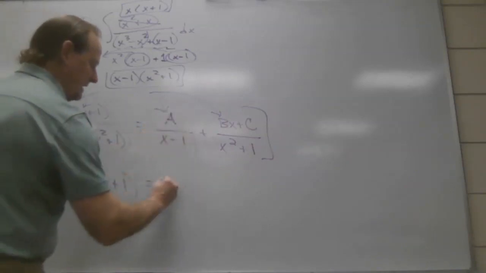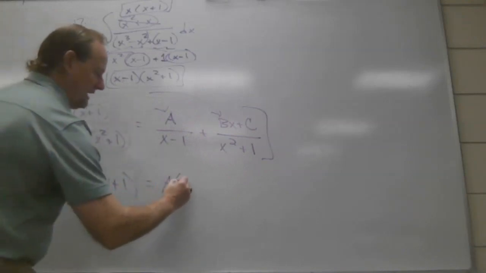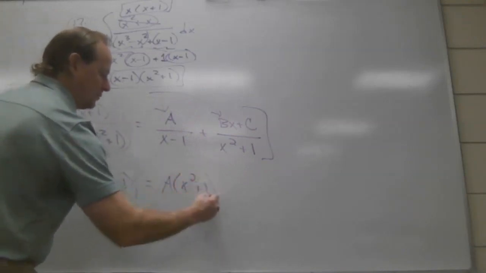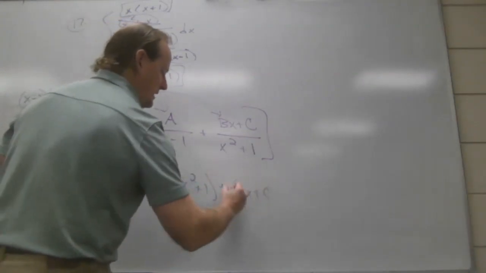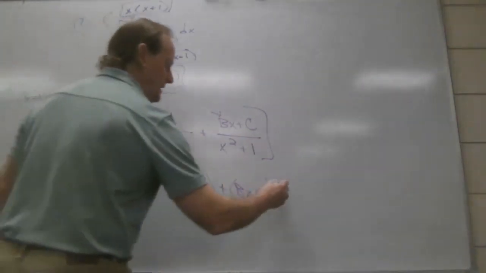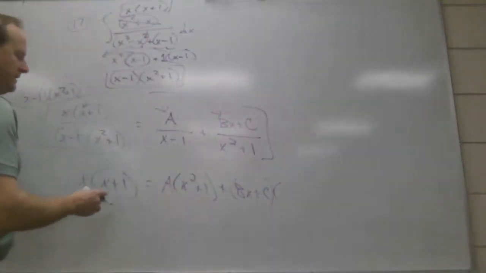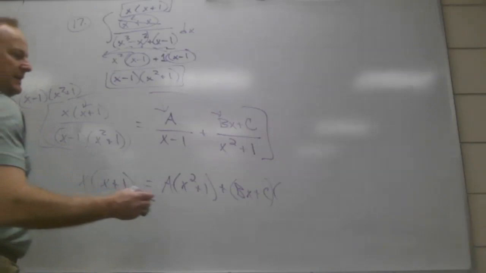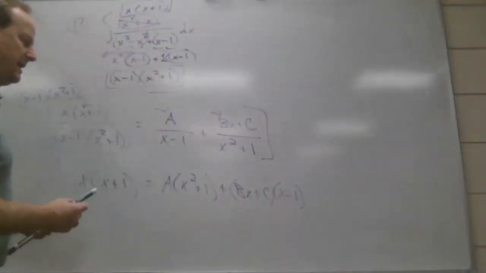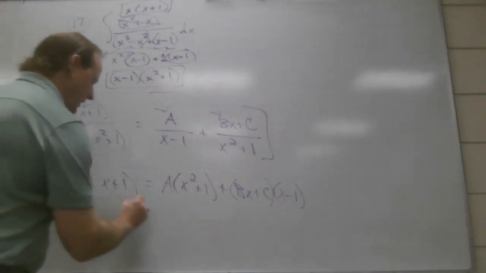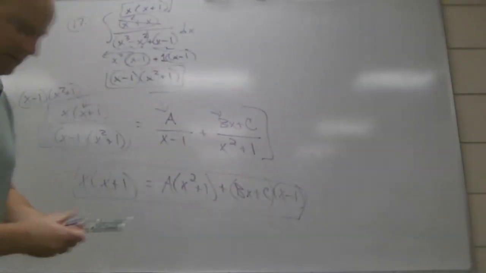And on the right side, the x minus 1s would cancel in this term, and I'd be left with a times the quantity x squared plus 1. And then plus, now bx plus c, I'm going to put that in parentheses because the numerator is still there. The x squared plus 1s cancel out, and I'm going to be left with an x minus 1, but it's that whole quantity times x minus 1.